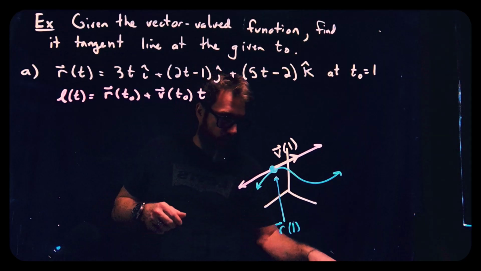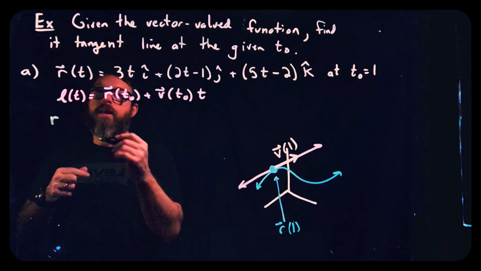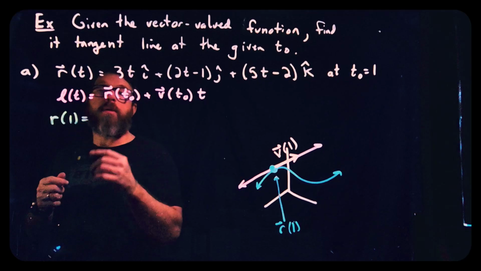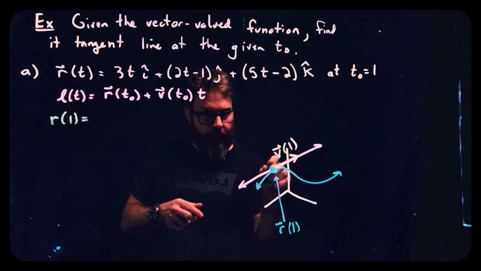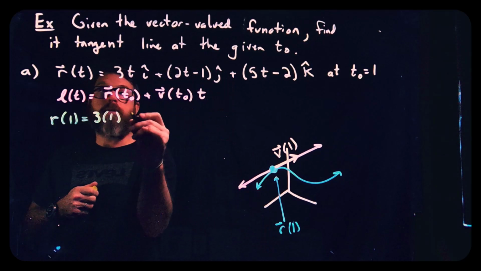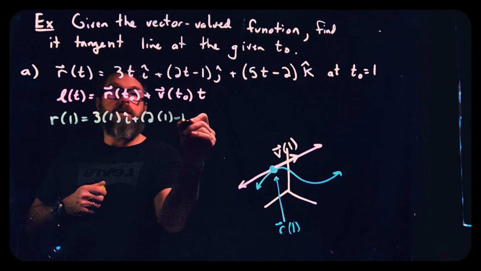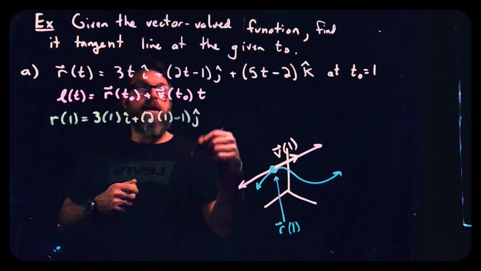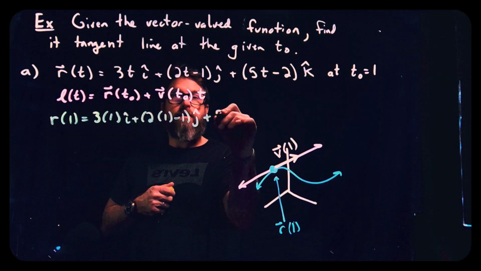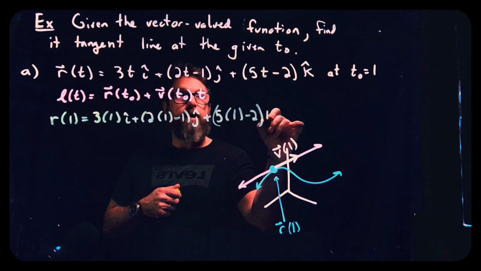Okay, so r of 1. Sorry, r of 1 is going to be equal to, remember, this is the solution point right here, so I just have to plug 1 into this thing. So this is going to be 3 times 1 i plus 2 times 1 minus 1 j, and then finally plus 5 times 1 minus 2, and this is going to be our k.